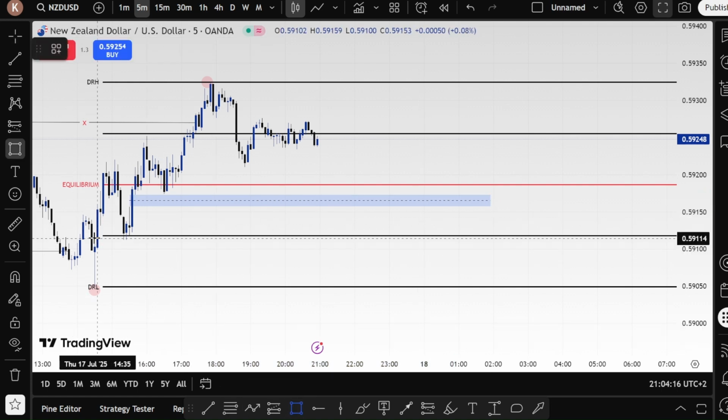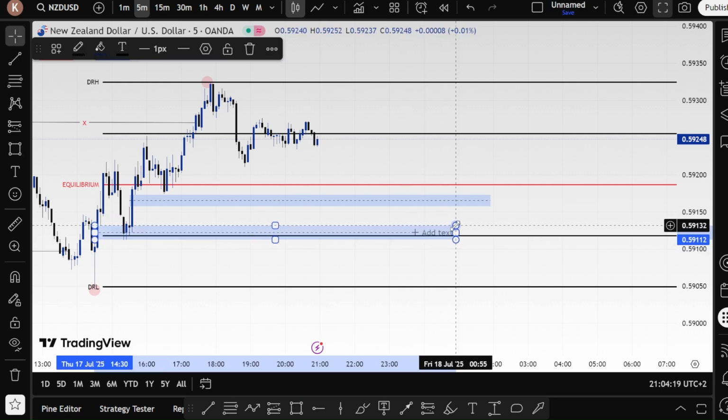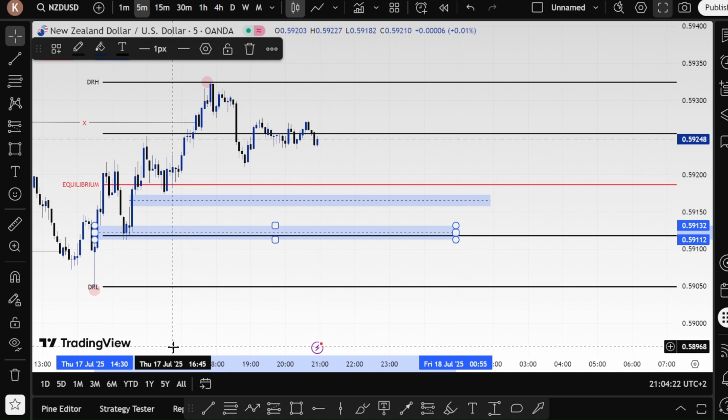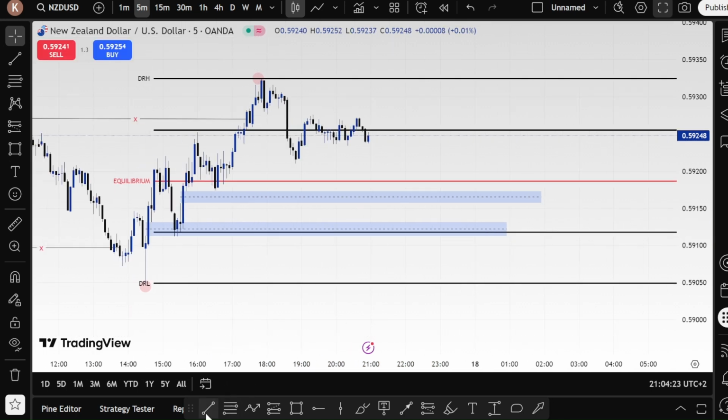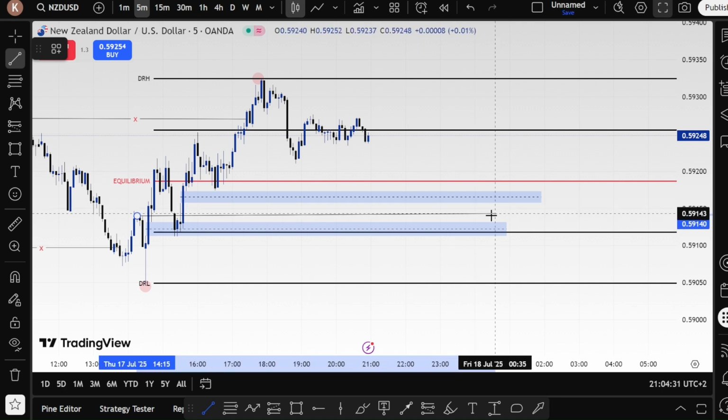So I found an old imbalance which price pulled back to, then went up rapidly. Then I found my order block which price has already come to and did a pullback and then moved to the opposite side.